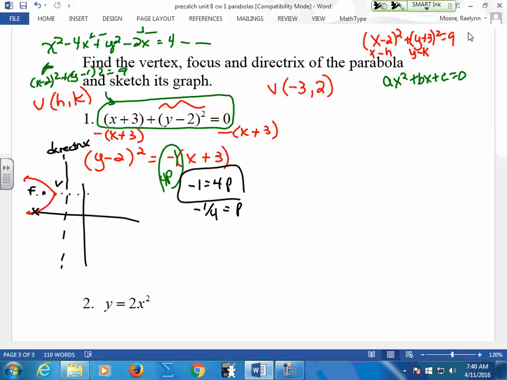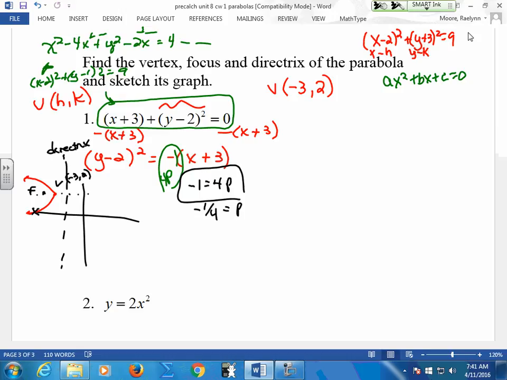Now our vertex, we know our vertex. Let me just write it right here, -3, 2. We should be able to find our focus, and we should be able to find our directrix using the value of P. So rather than worry about the formula, the focus is going to go to the left. So which value is going to change on your vertex point if I'm going left?